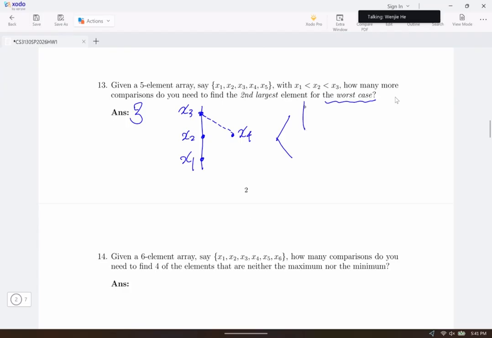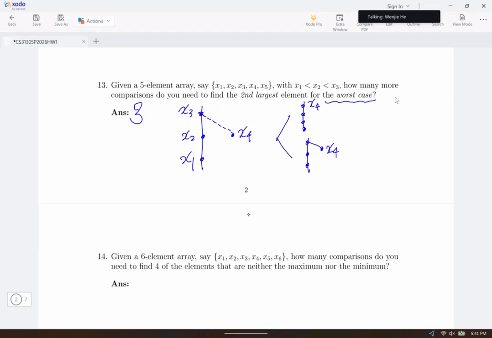The best case is x4 greater than x3. That's better. But the worst case is x4 lower than x3.